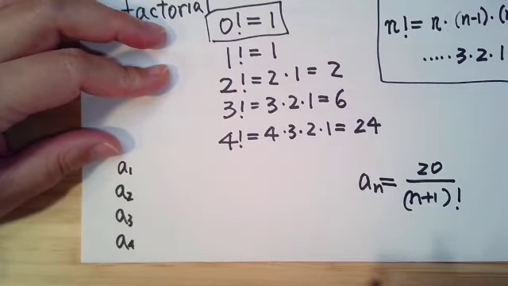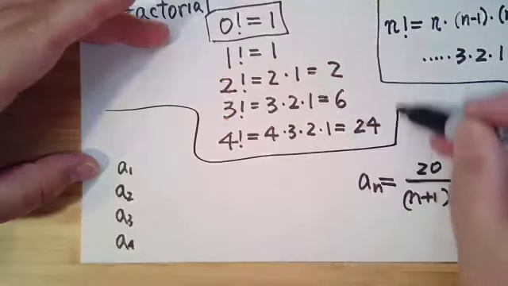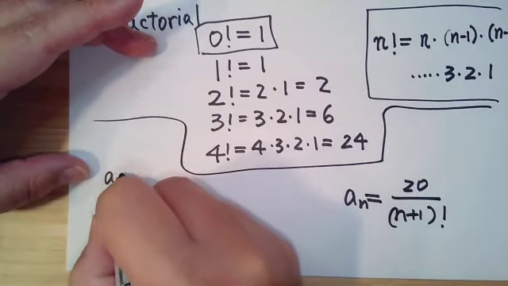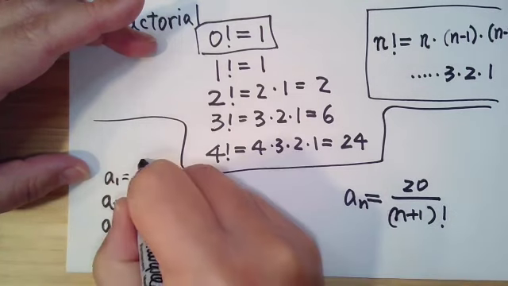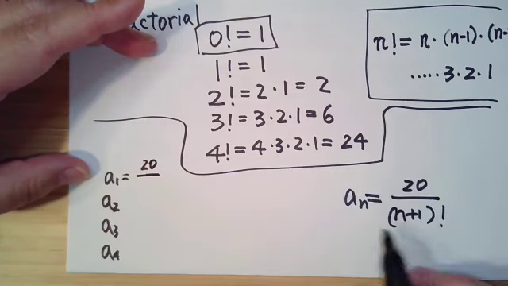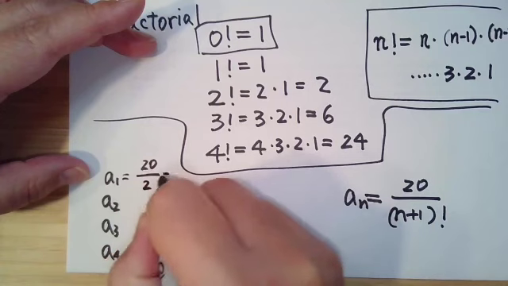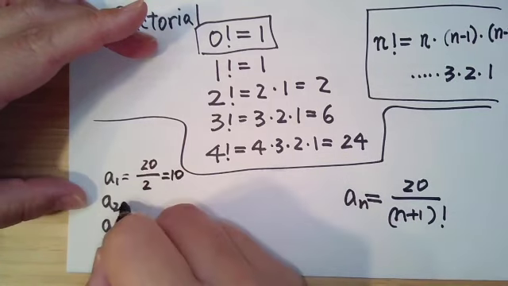So let's work on A1. Okay, A1 equals 20 divided by, here n is 1, 1 plus 1, which is 2. 2 factorial, which is 2 times 1, which is 2. So A1 is 10. See? I get the term, right?